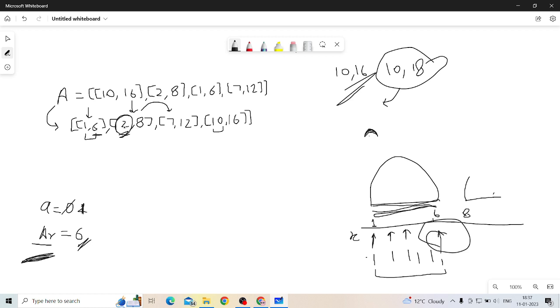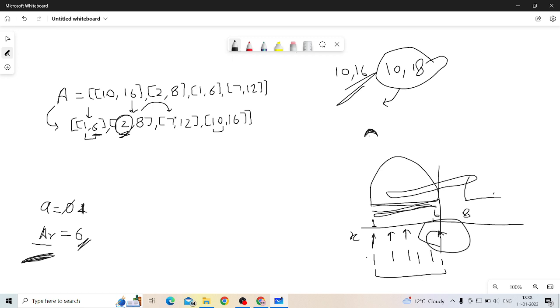It is starting from 2 and going to 8. Sorry for my bad drawing. So this arrow will shoot this balloon also.